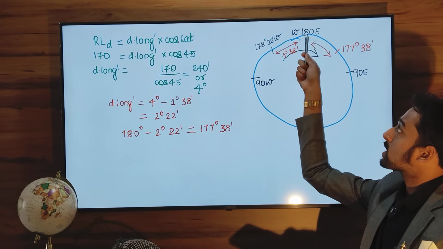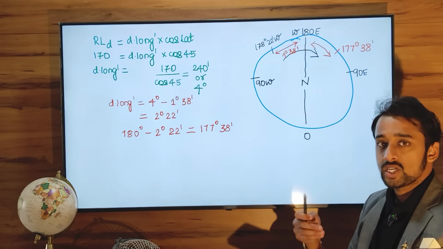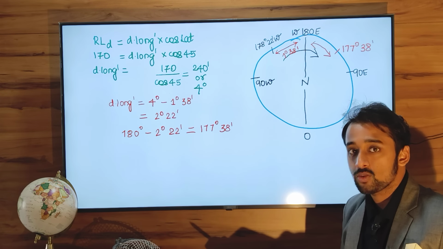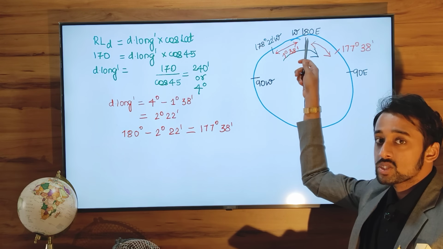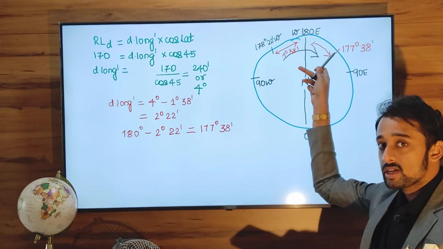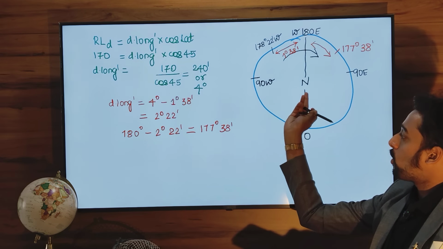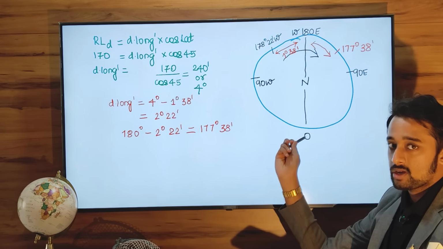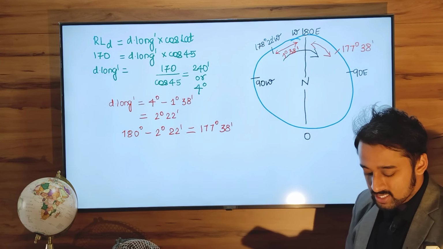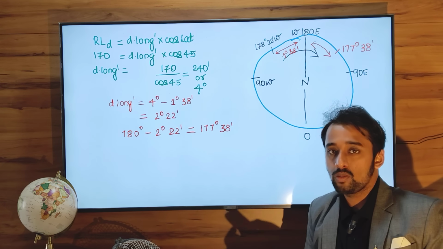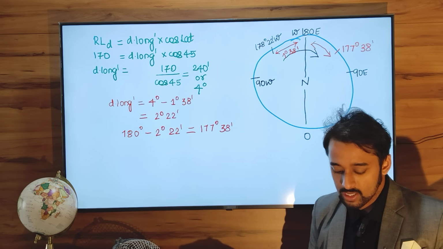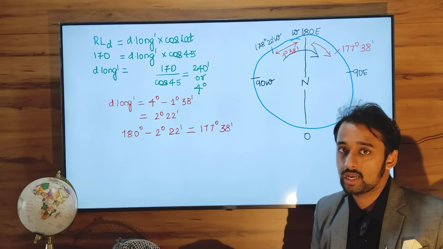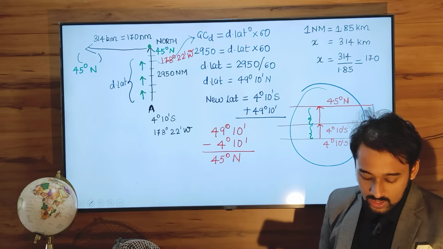Because as you continue traveling westerly, your longitudes will decrease: 180 east, 179 east, 170 east, 160, 150, and so on. It will go on decreasing as you go anti-clockwise. That's why I subtracted the 2 degrees 22 minutes d long from 180 to get a final longitude of 177 degrees 38 minutes. So this is the answer.